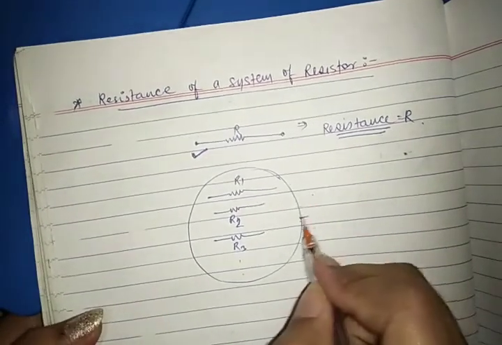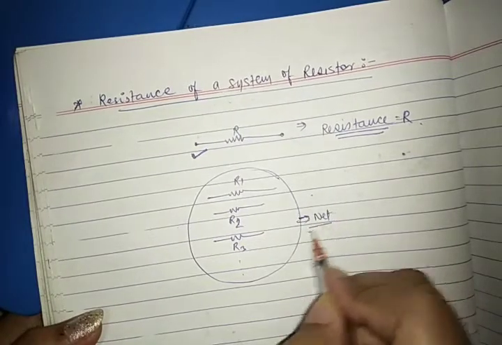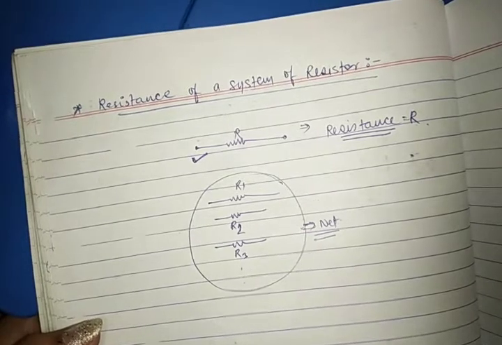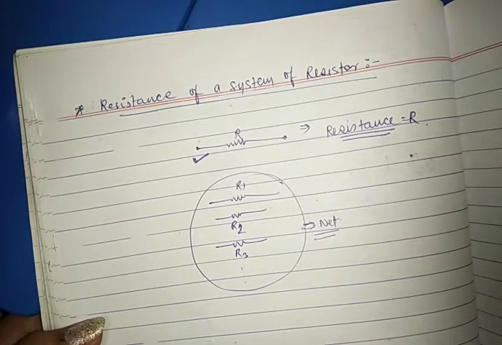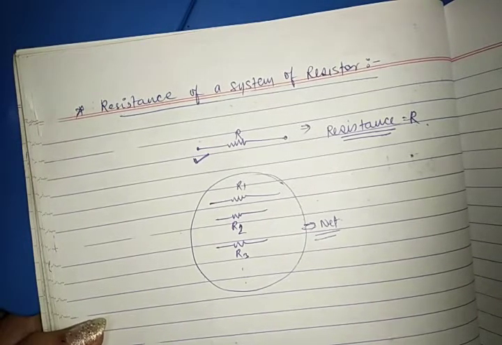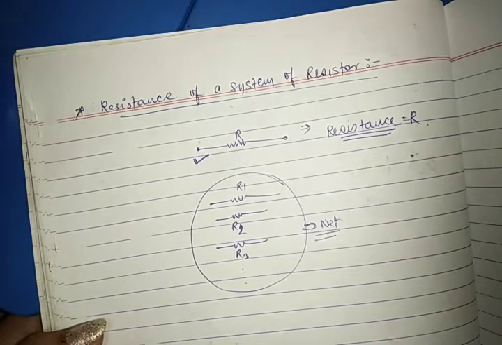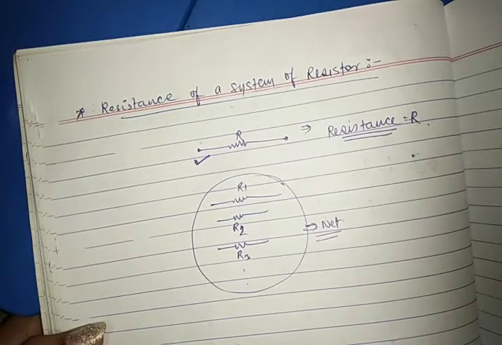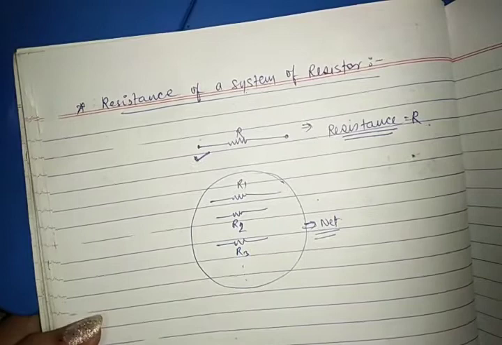Then how do we calculate the net resistance due to this system? So today's topic is how we can calculate the net resistance due to multiple resistors.